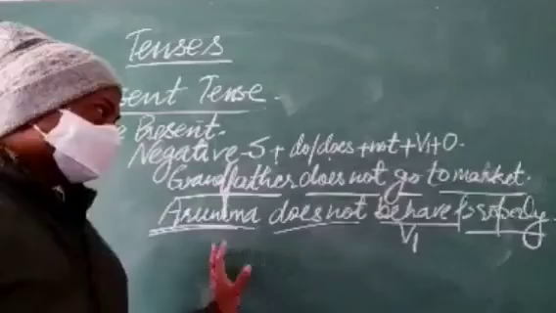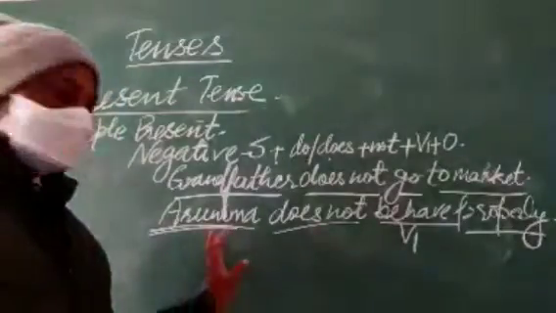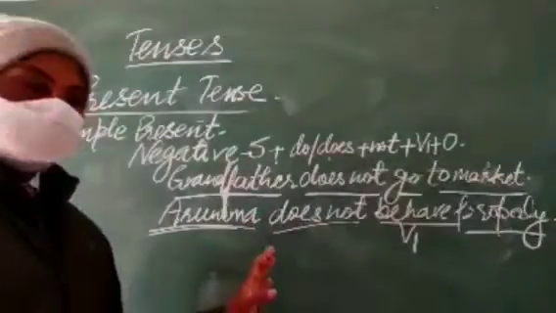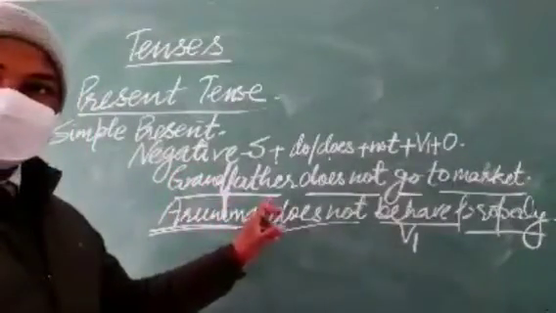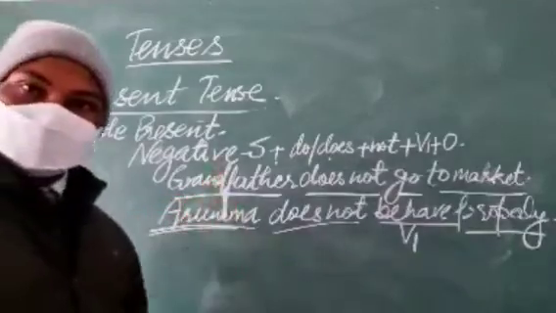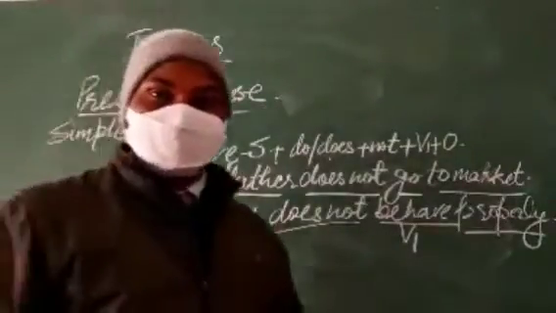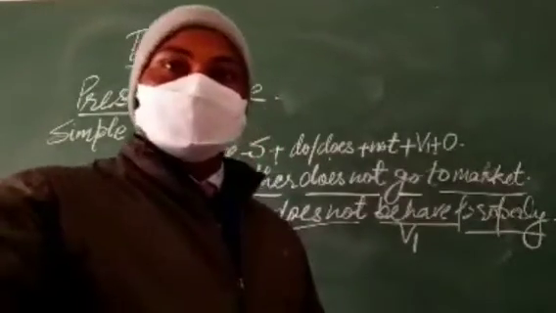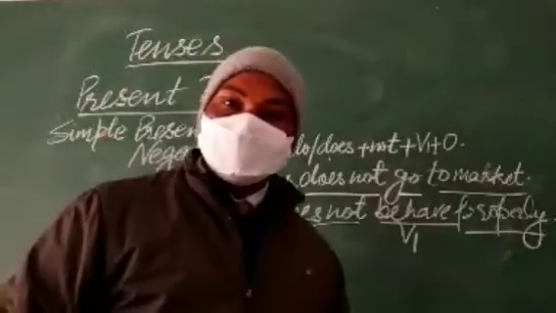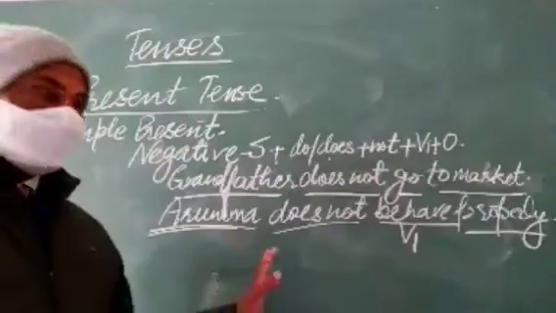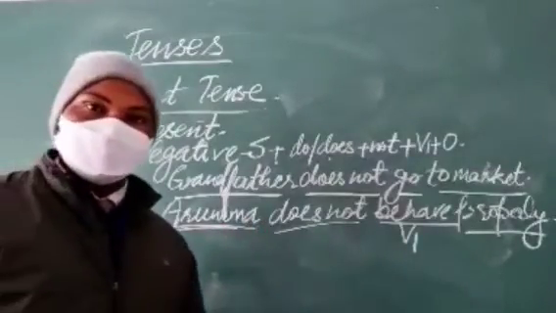So what we have? We have all these sentences. Singular subject does not. Once again I would like to recapitulate. Singular subject does not. Plural subject do not. And then first form of verb.